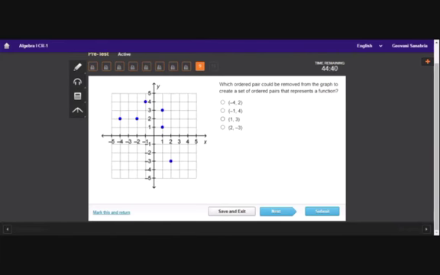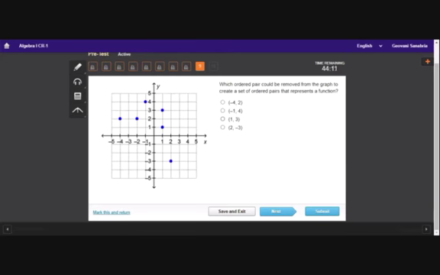It's asking which ordered pair could be removed from the graph to create a set of ordered pairs that represents a function. So which dot can you remove so that this picture represents a function.